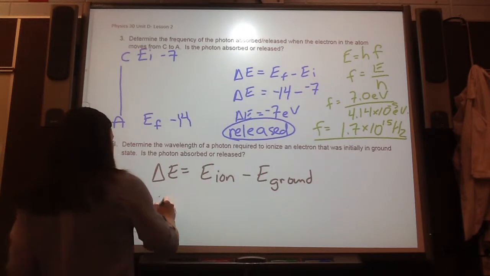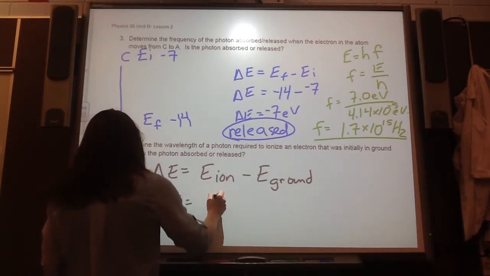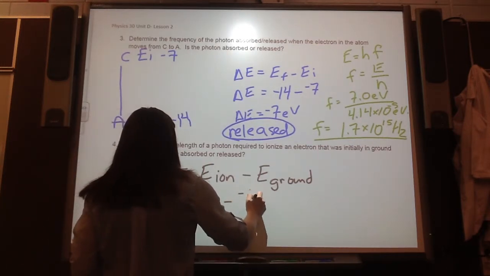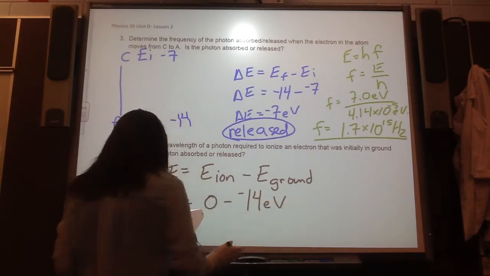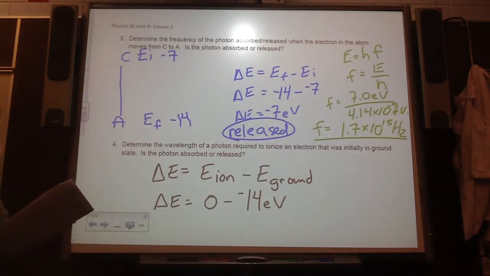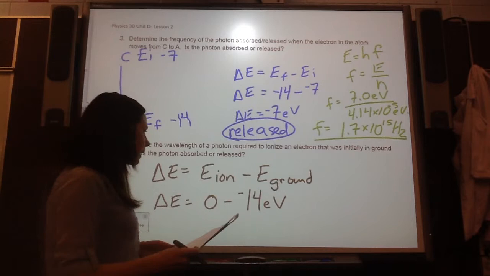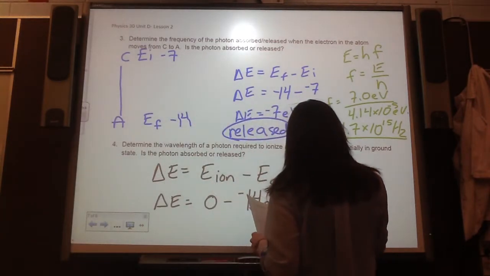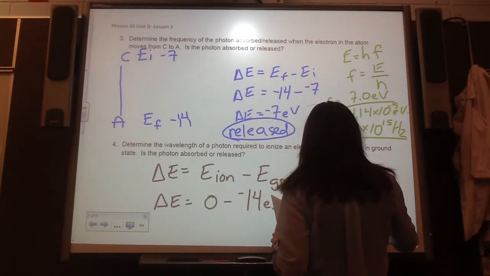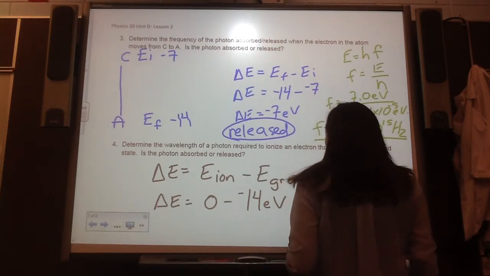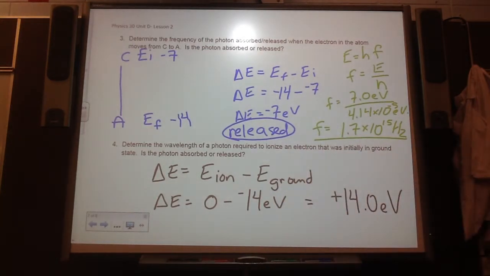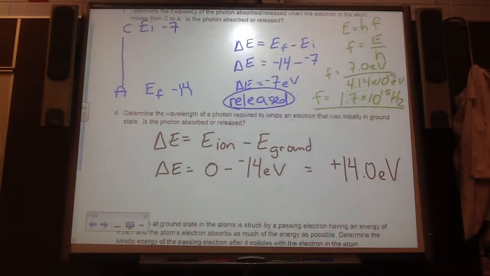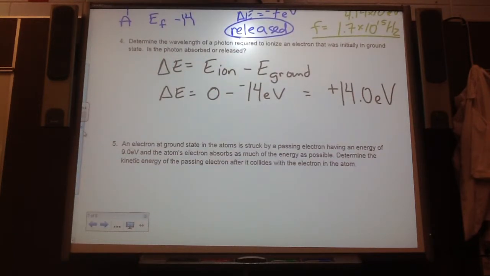My delta E is equal to 0 minus negative 14. So this is positive 14.0 eV, which shows that if it's positive, then the photon's been absorbed, which makes sense because you're going all the way from a ground state up to ionizing.